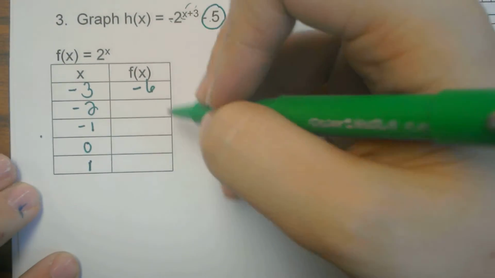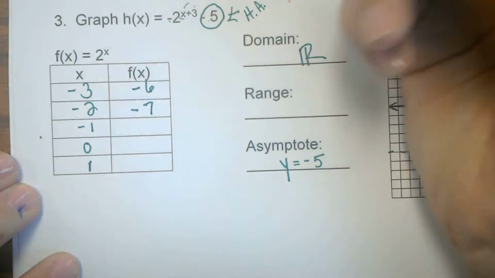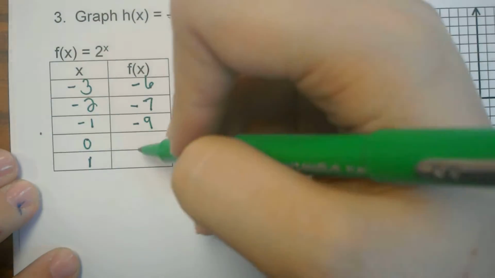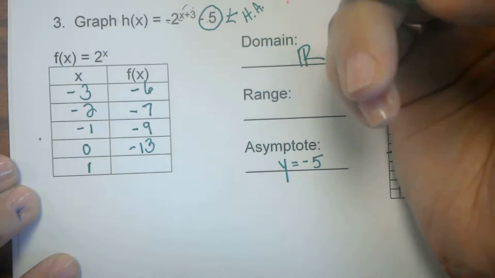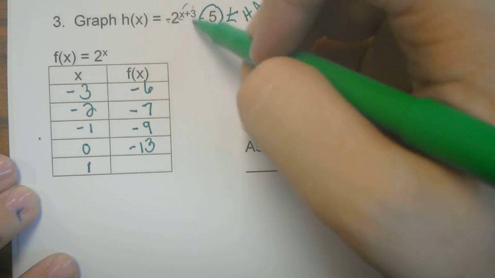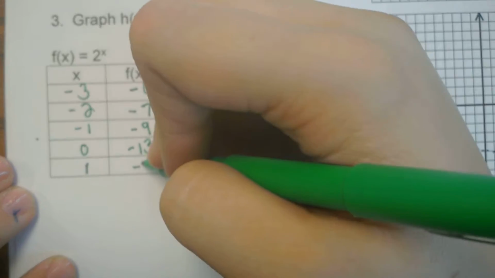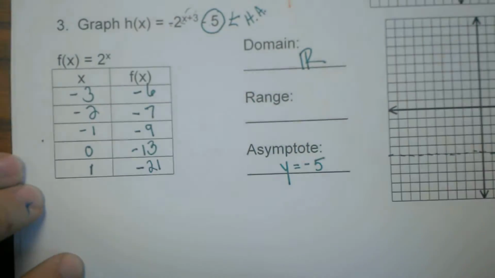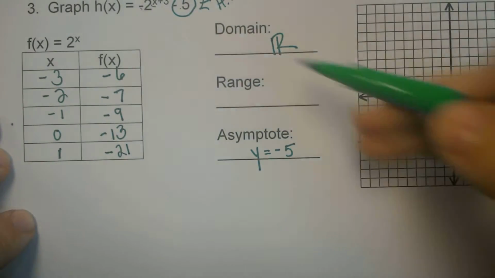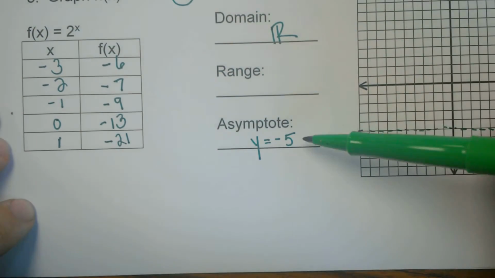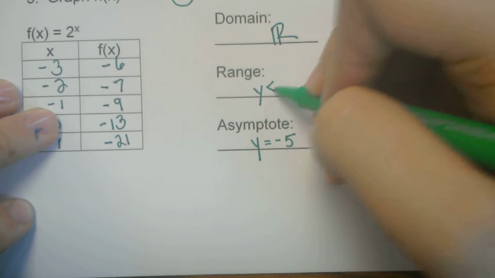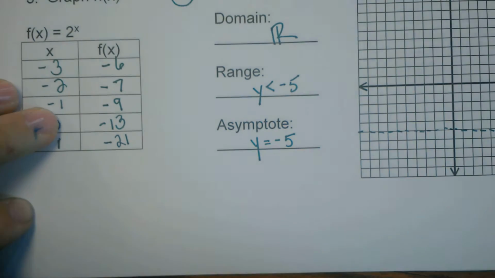But -2 would be -7, -1 would be -9, 0 is -13, and so 1 would be -21. And so all of these numbers are less than -5, so my range is y is less than -5.